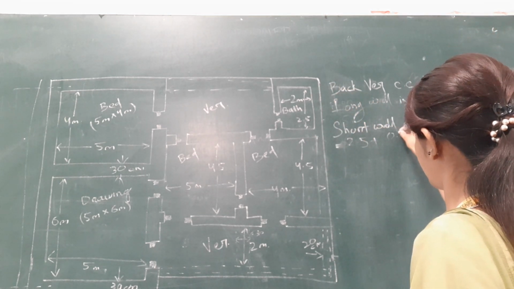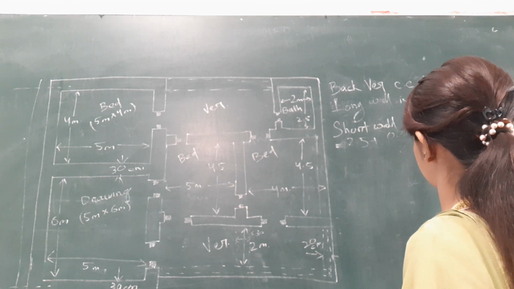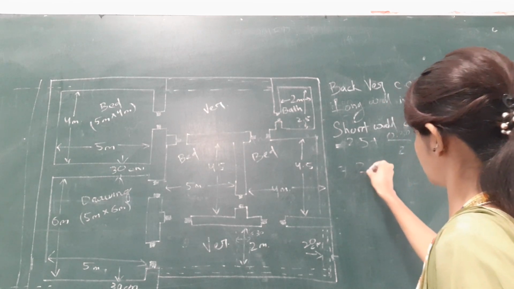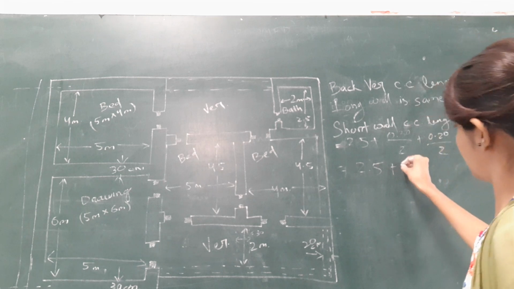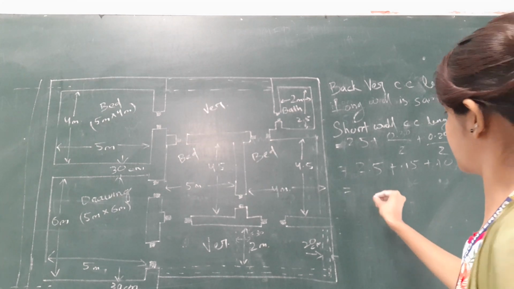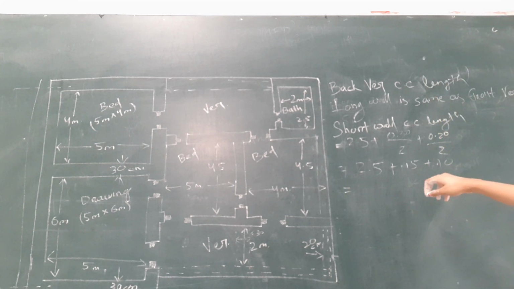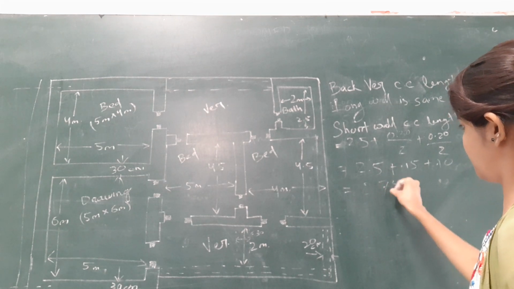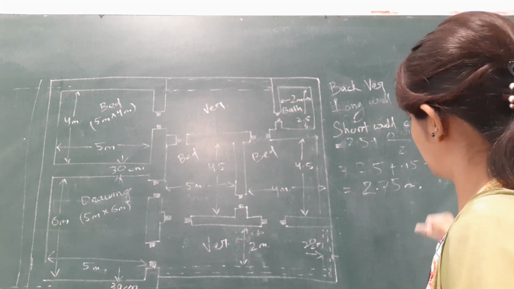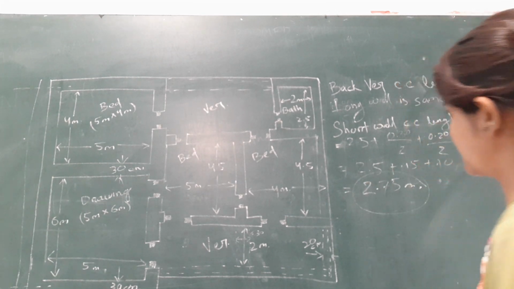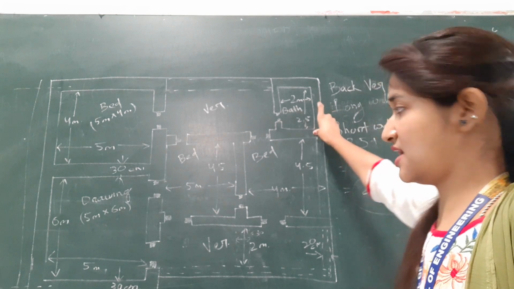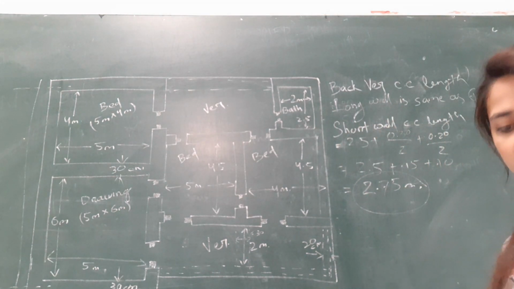So we can write 0.30 by 2 plus 0.20 by 2. Okay, equals to 2.5 plus 0.15 plus 0.10 equals to 2.75 meter. Okay, so the center to center length for the short wall for this area, for the back veranda area, is 2.75 meter.